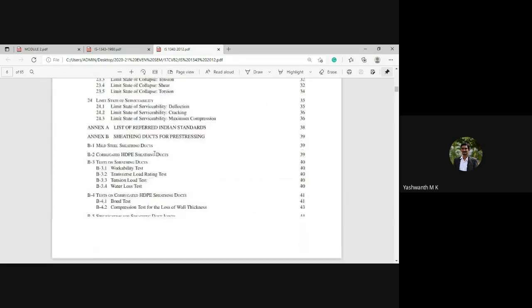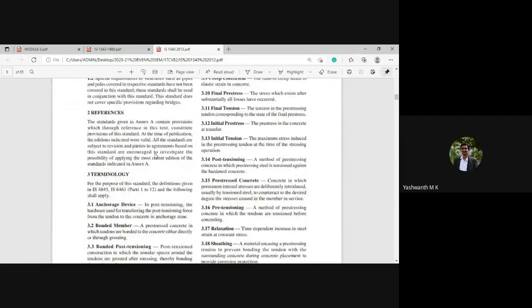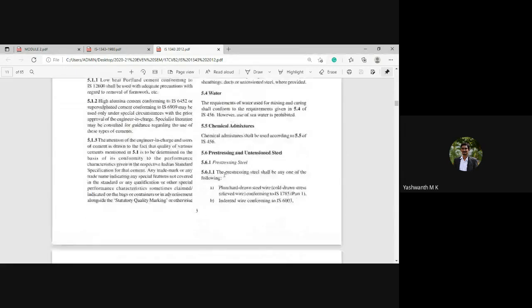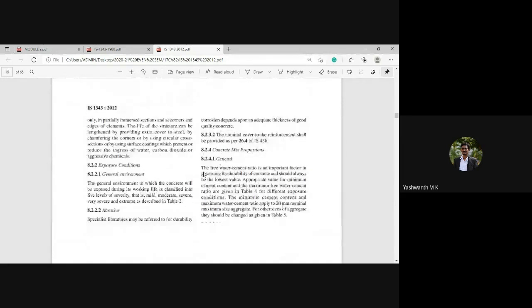So let me move on to today's discussion, that is regarding the loss of pre-stress. You can see all those terminologies are also defined here in section 1, so that you can know thoroughly what things you can discuss.